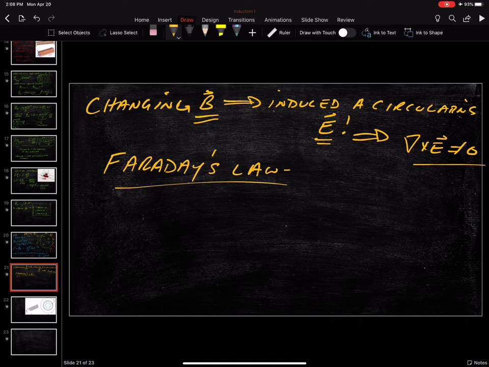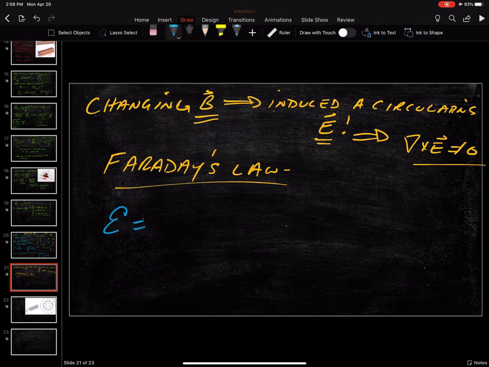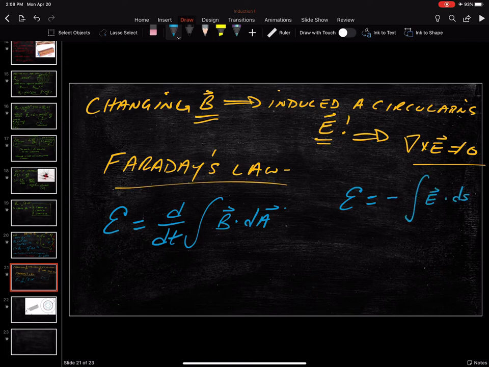Now, how do we understand this thing? Okay, so, well, we know from our discussions that this electric voltage is equal to d dt of the integral of B dot dA. But I also know that my voltages can be understood as minus the integral of some electric field dot ds.